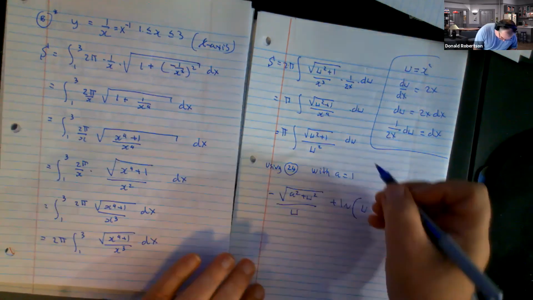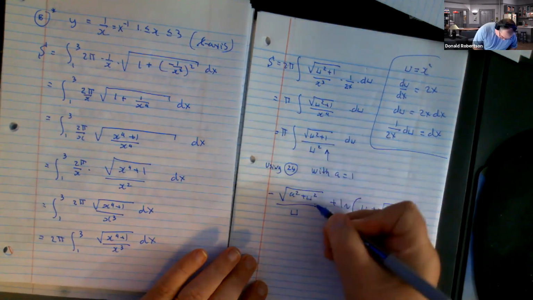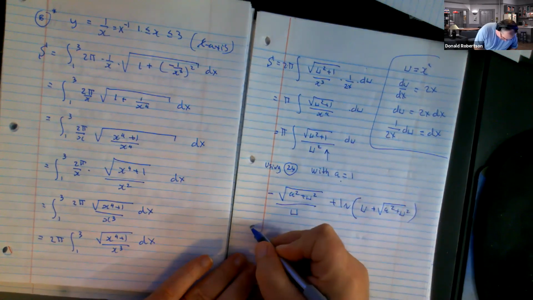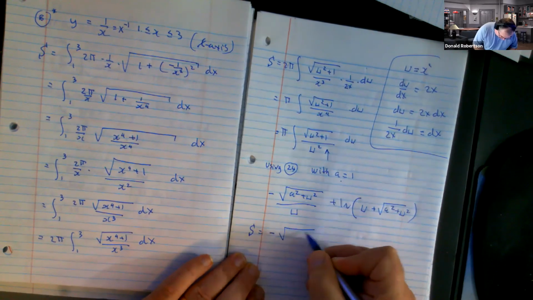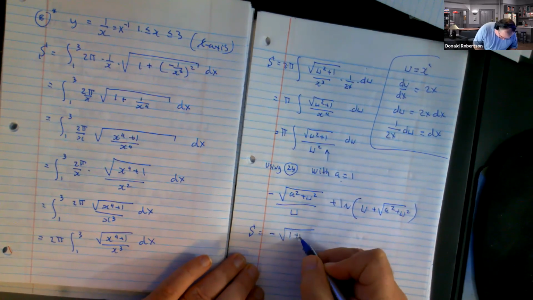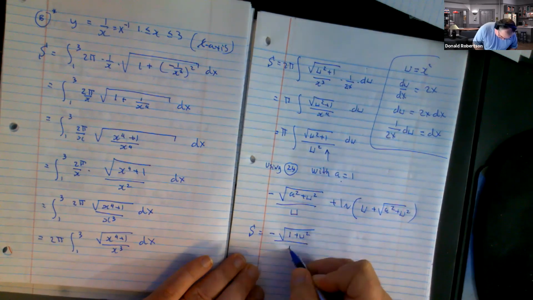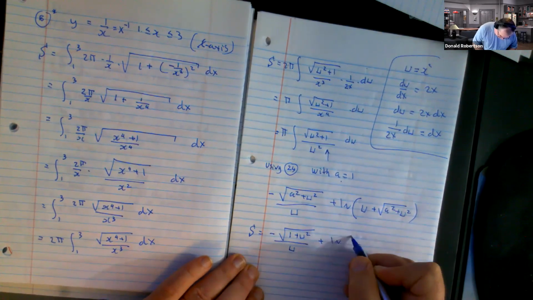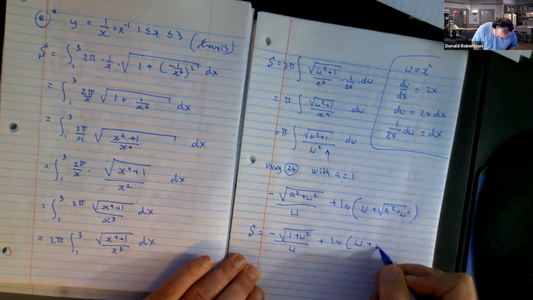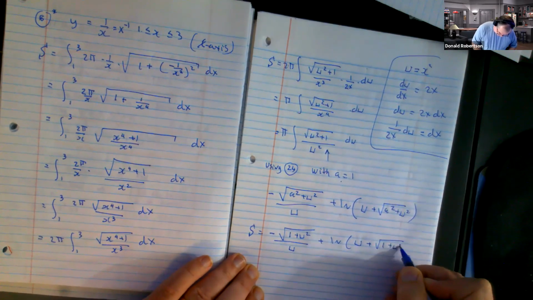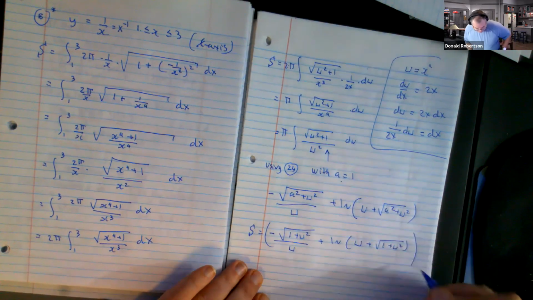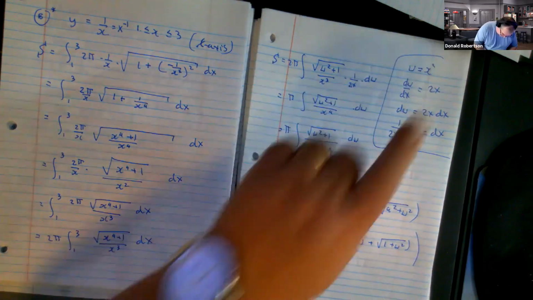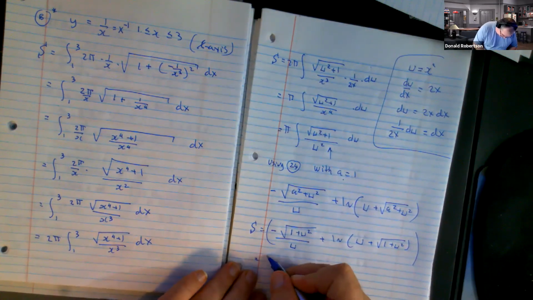Now, in our case, a equals 1. So ours is going to be the square root of 1 squared, which is 1, plus u squared, over u, plus the natural log of u plus the square root of 1 squared plus u squared. And now we can replace it by the x's.